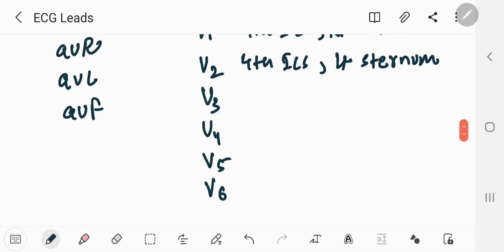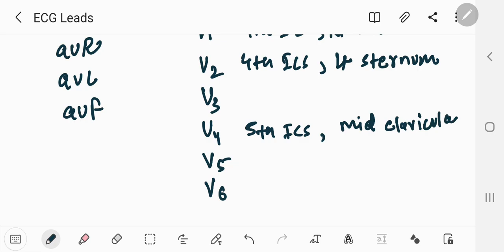V3 is left alone. First we place V4, which is located on the 5th intercostal space on the mid-clavicular line. V5 is located on the fifth intercostal space, but more lateral, that is, the anterior axillary line.